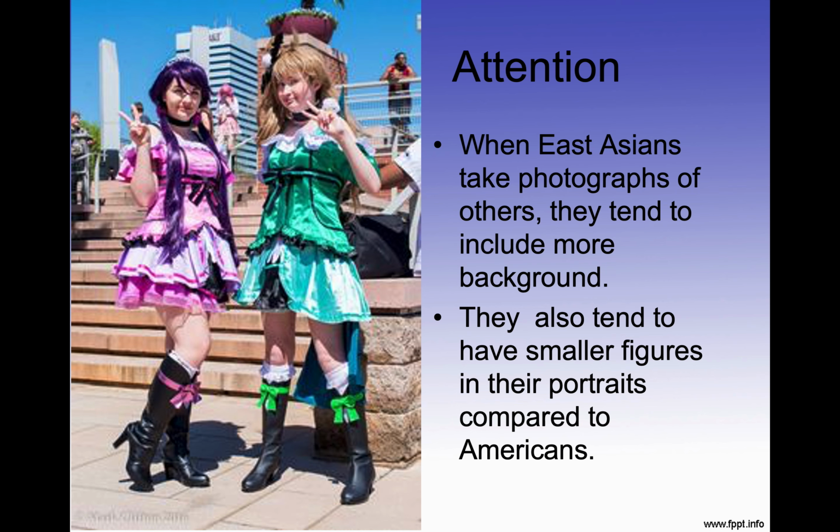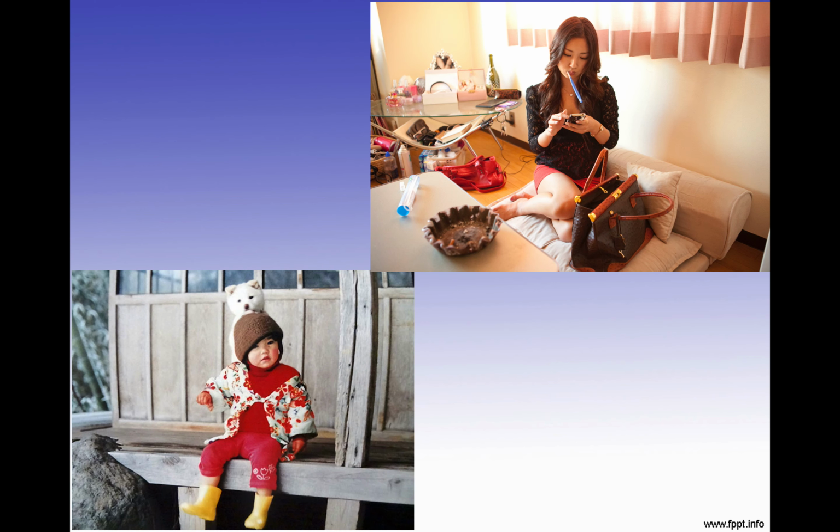When East Asians take photographs of others, they tend to include more background. They also tend to have smaller figures in their portraits compared to Americans. And these are Asian pictures. Lady in the middle, she's the most important thing in this picture. Well, maybe not.